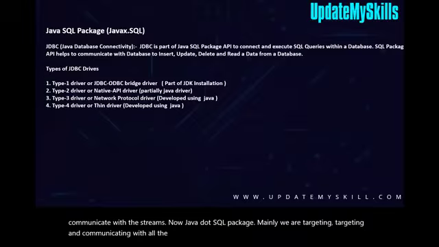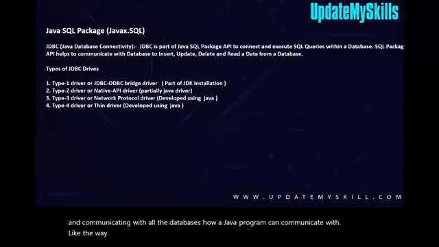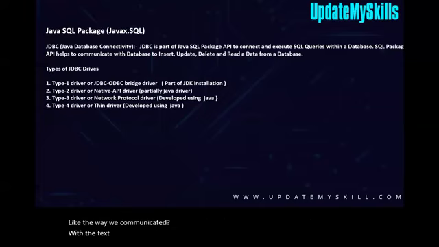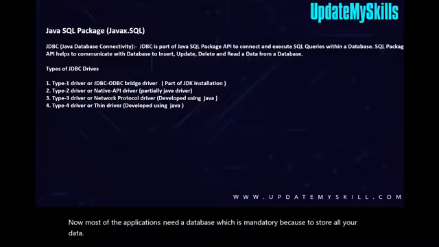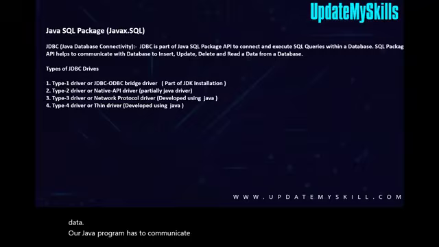How can a Java program communicate with databases? Like the way we communicated with text files and keyboards, now most applications need a database, which is mandatory to store all your data, so our Java program has to communicate with the databases.